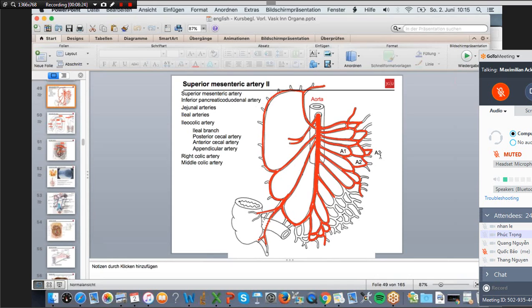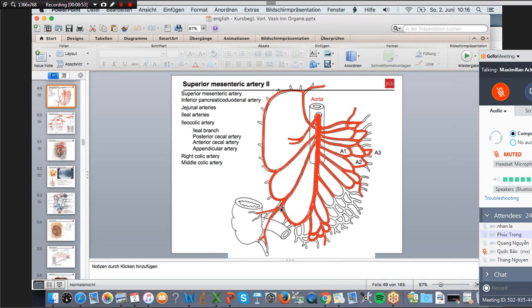So from the superior mesenteric artery you find, as I mentioned, first the inferior pancreaticoduodenal artery. Then you have the supply of the jejunum and the ileum: the jejunal arteries, the ileal arteries, and the ileocolic artery. The ileocolic artery, which is just here, is one of the last terminal branches of these systems.